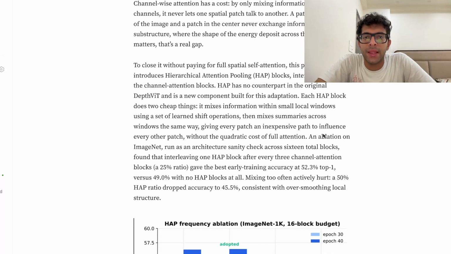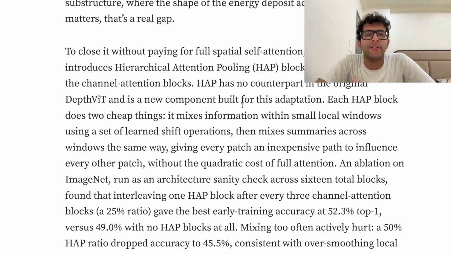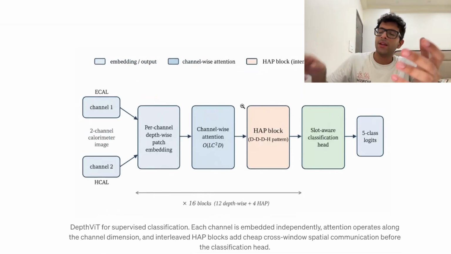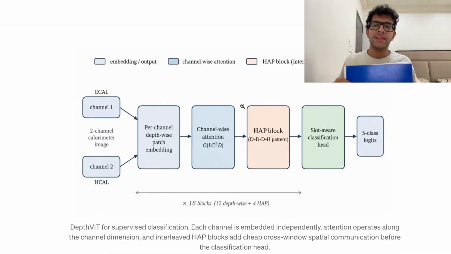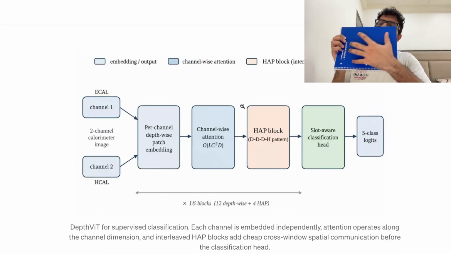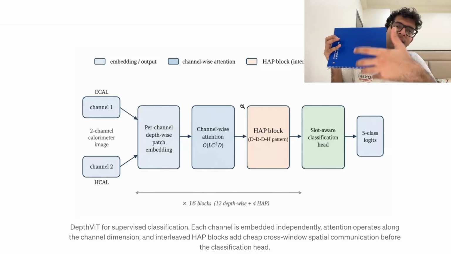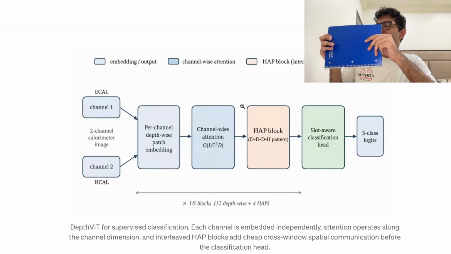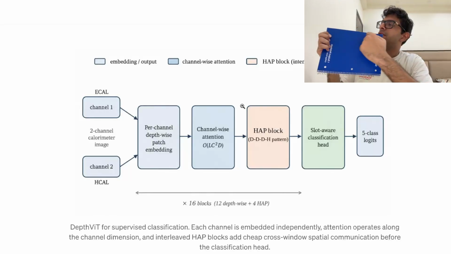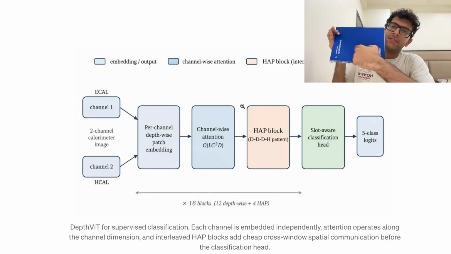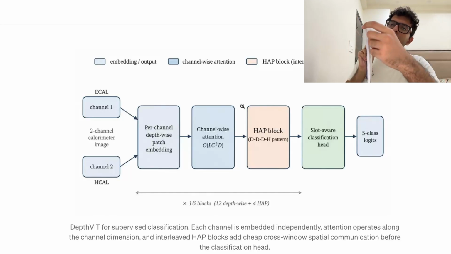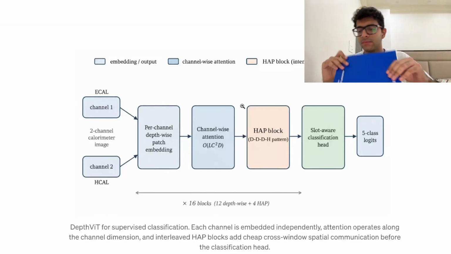And let me just explain what is the point of HAP. Now, if you think about it, in this case we have this kind of plate, right? And we're doing this channel-wise attention, that means instead of having attention this way, which is spatially, we want to have attention depth-wise, which is pretty interesting if you think about it.